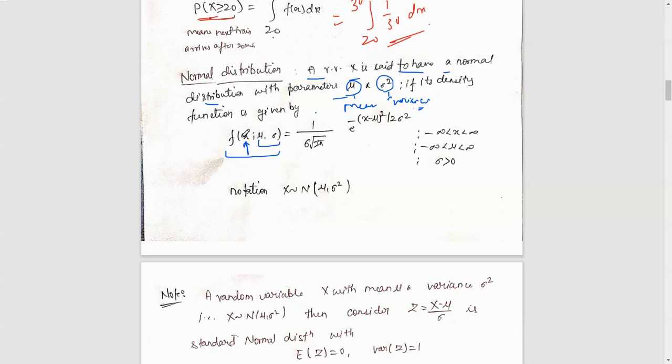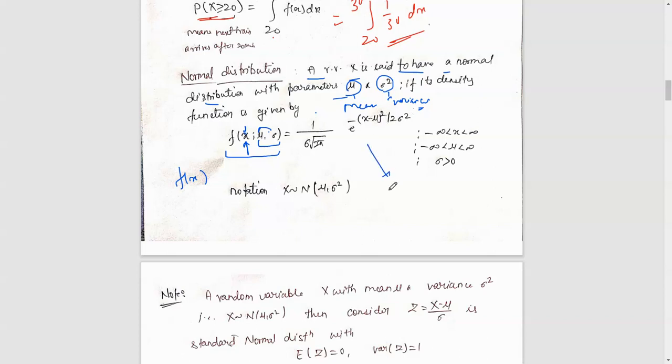This is the typical format of any continuous distribution. But for the normal distribution, we typically write either f(x) or f(x; mu, sigma). It tells us that mu and sigma are the two parameters of this random variable x. So it is 1 by sigma under root 2 pi. This is sigma, not 6. This is sigma under root 2 pi, and then e to the power minus (x minus mu) whole square upon 2 sigma square.